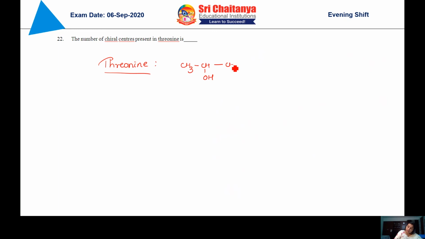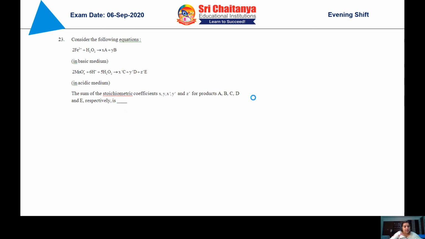If you have done that, then no issues, just draw the structure of threonine. This is what threonine is. Once you draw the structure, the question is very simple. Number of chiral centers: I have marked them. So the answer is it has 2 chiral centers. Okay, so threonine has 2 chiral centers.